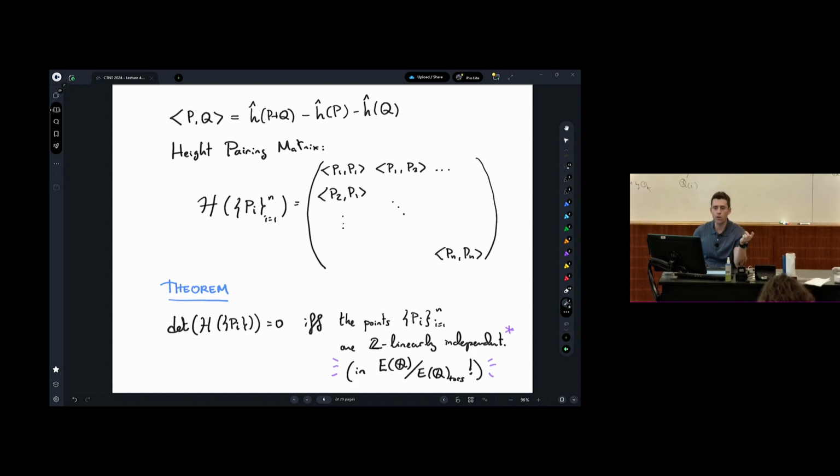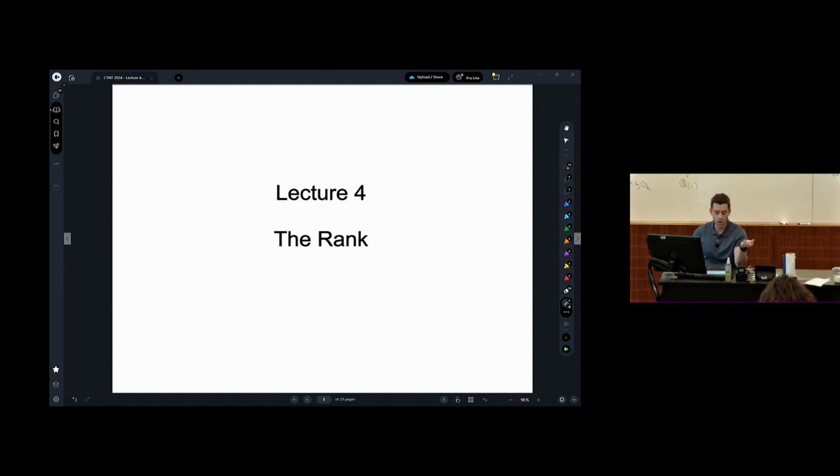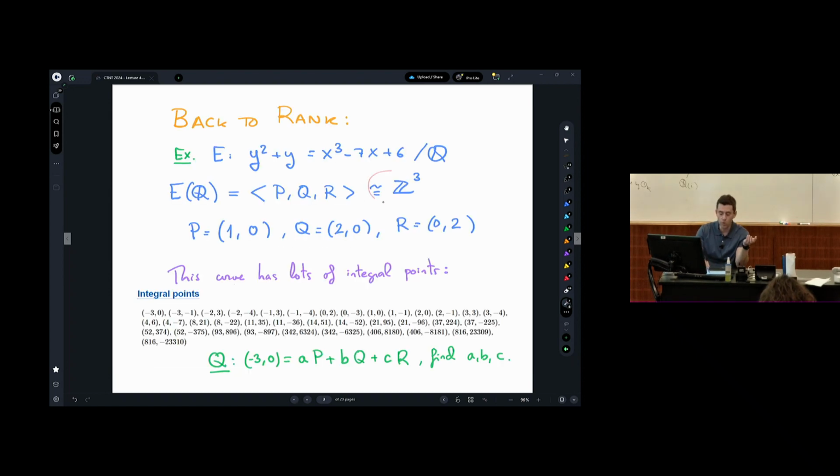Right. So first of all, you can do searches. There are quick ways to do searches for integral points. But if you actually want to find all the integral points on an elliptic curve, once you actually know the Mordell-Weil group, because of height considerations, we're going to be able to show that any point beyond these is going to have rational coordinates, because the height is going to be larger, and after a certain height, the denominators are going to pop up.